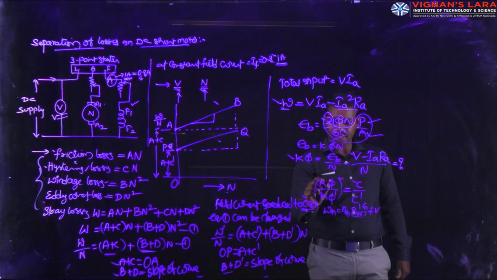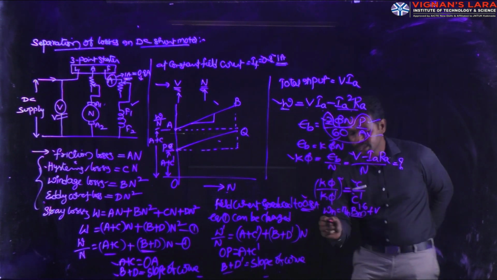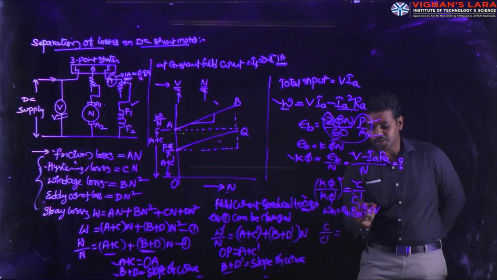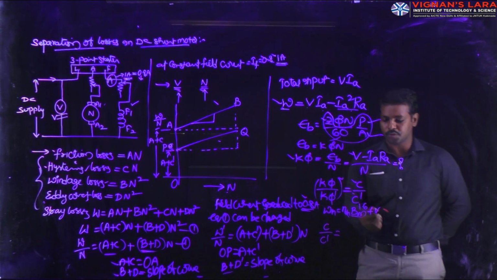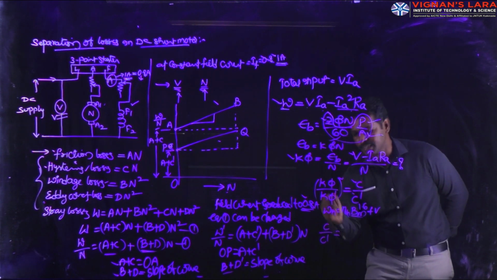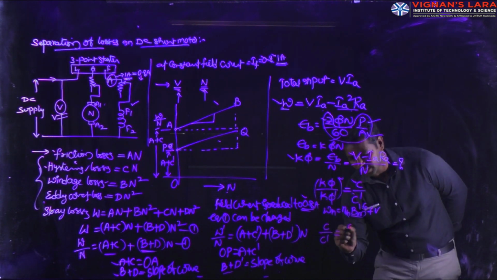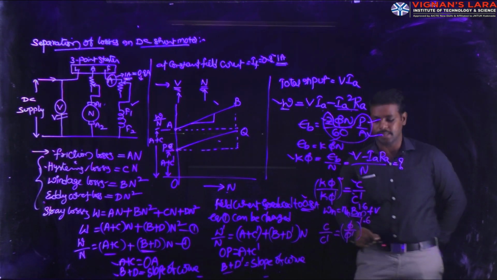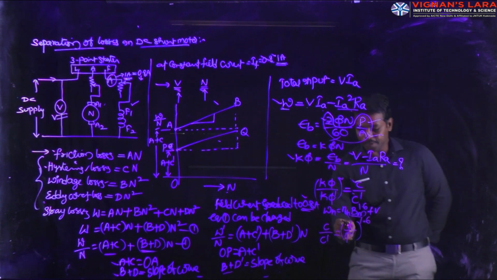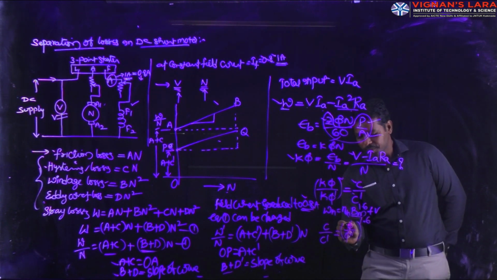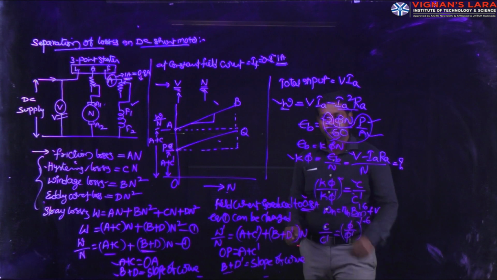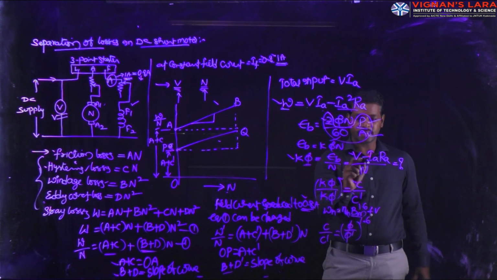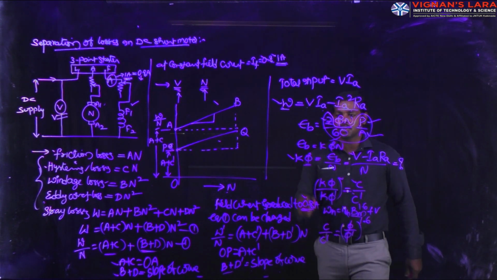So flux divided by phi dash is equal to C divided by C dash. The other quantities are constants: frequency is constant, voltage is constant. C divided by C dash is equal to phi divided by phi dash, whole to the power of 1.6. Flux is directly proportional to V minus IA RA divided by N, where K is a constant.